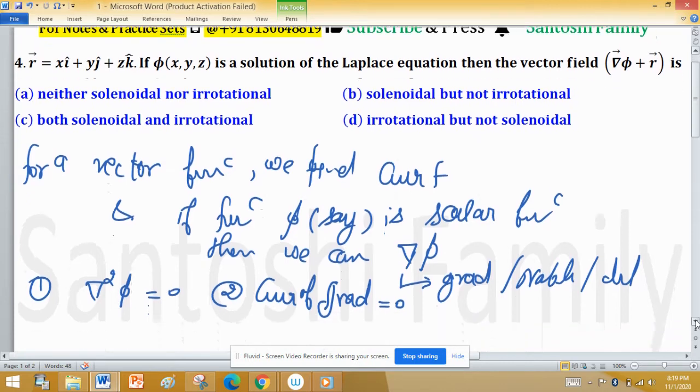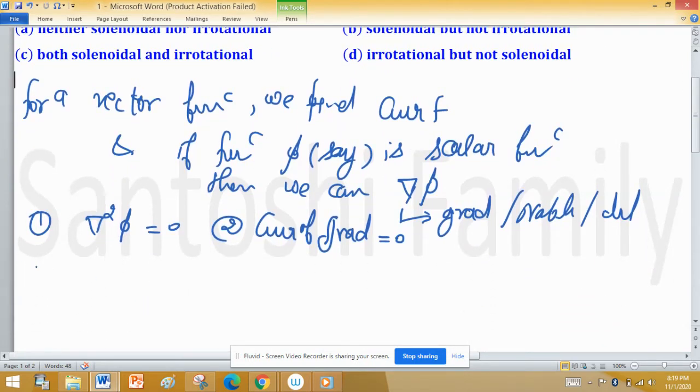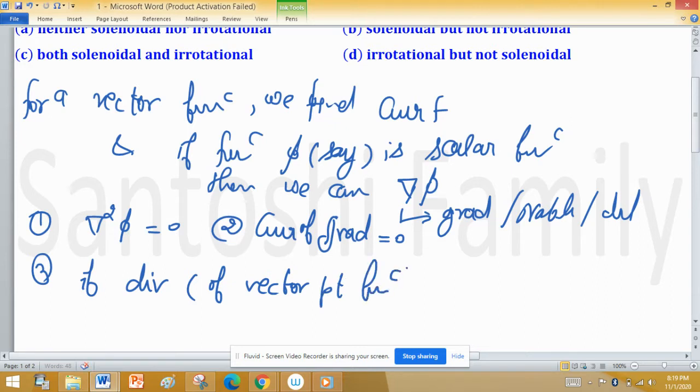The third point is, as the options are telling about solenoidal or irrotational: if the divergence of a vector point function equals 0, then it is solenoidal.